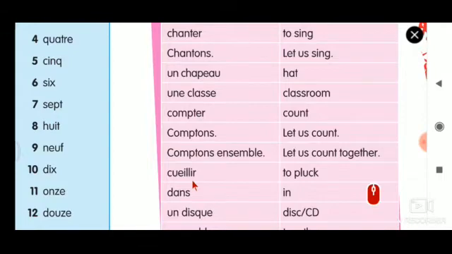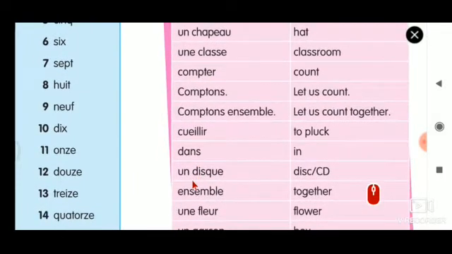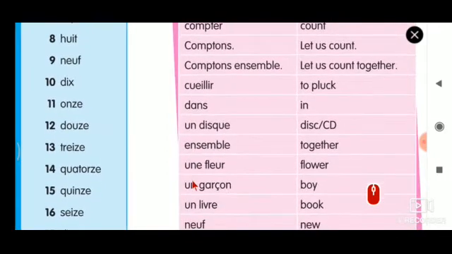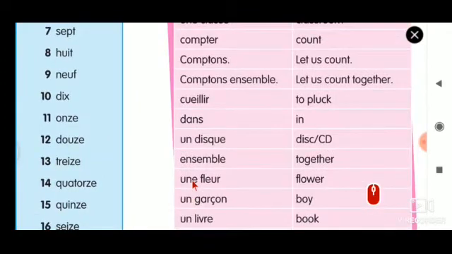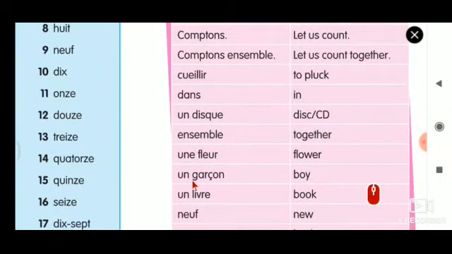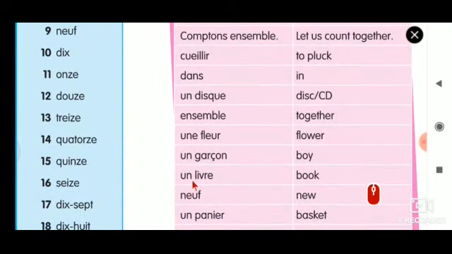Cueillir, to pluck. Dans, in. Un disque, disc. Ensemble, together. Une fleur, flower. Un garçon, boy. Un livre, book.